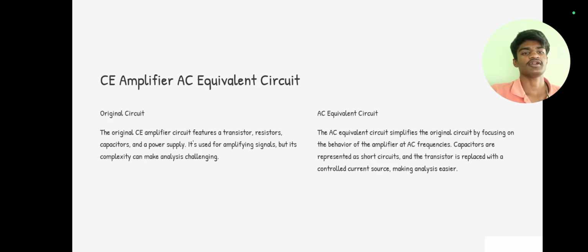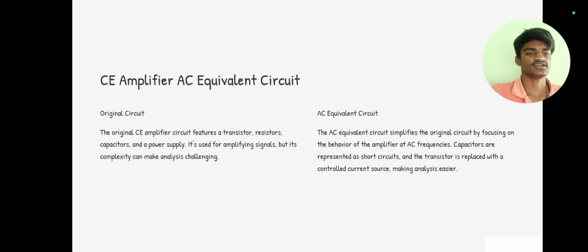The common emitter amplifier's AC equivalent circuit. It includes the original circuit and the AC equivalent circuit. The original common emitter amplifier circuit features a transistor, resistors, capacitors, and a power supply. It's used for amplifying signals, but its complexity can make analysis challenging.